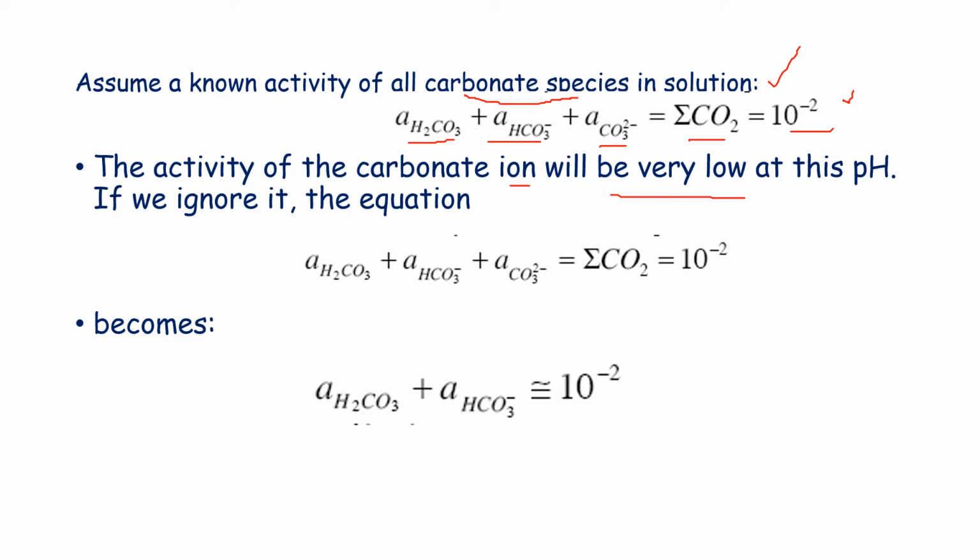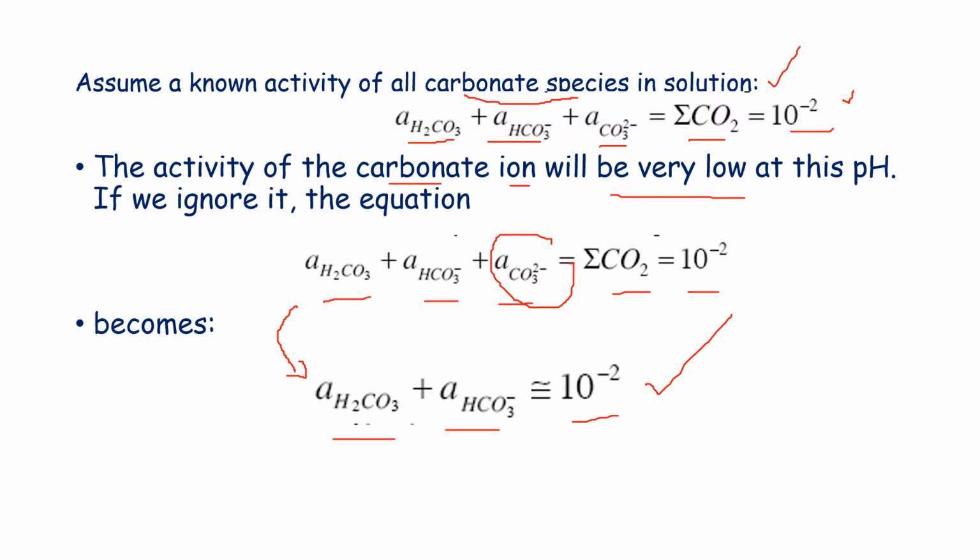Okay, what is the pH? 6.35. Now, at 6.35 or lower, you will not really have any carbonate ion. So if we ignore the presence of carbonate ion in this overall equation, then the activity of carbonic acid plus the activity of bicarbonate is more or less equal to 10 to the power of minus 2.